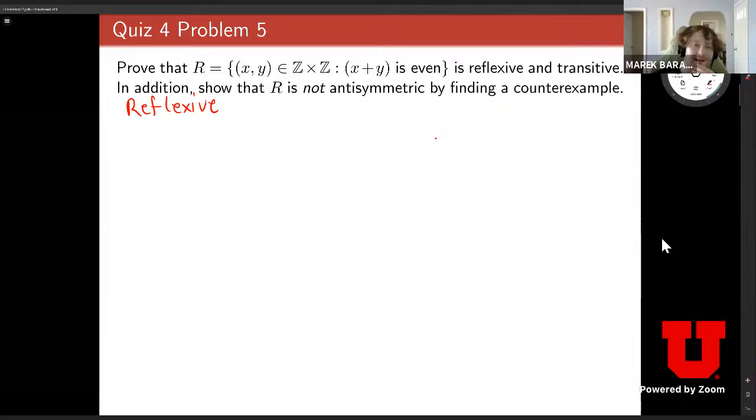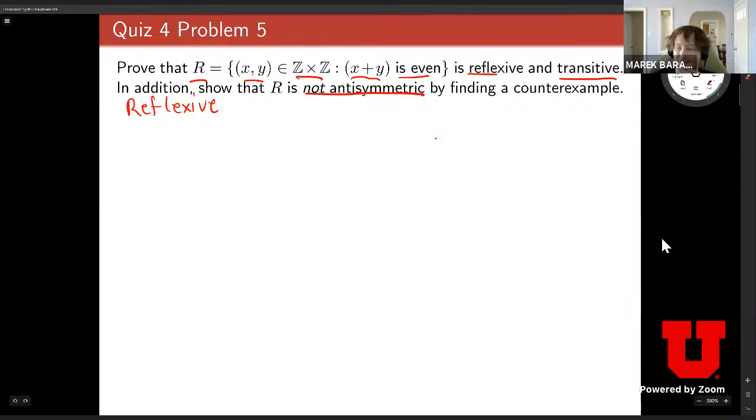Okay, so for this one, we have this relation on pairs of integers, and a pair is in the relation if their sum is even. We're asked to prove it is reflexive and transitive, and finally show that it is not antisymmetric by finding a counterexample. So for reflexive, we need to show for all x in the integers, (x, x) is in the relation.